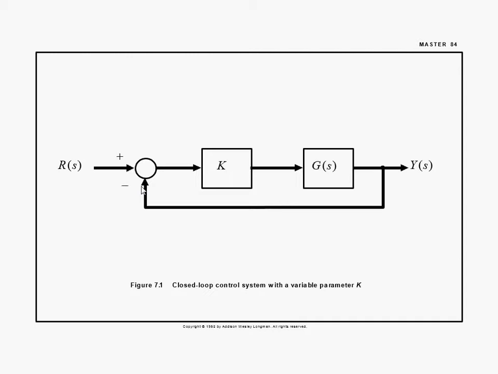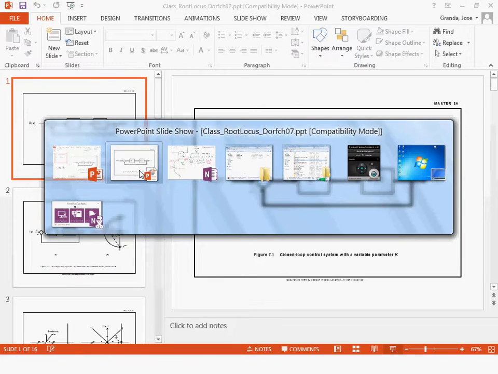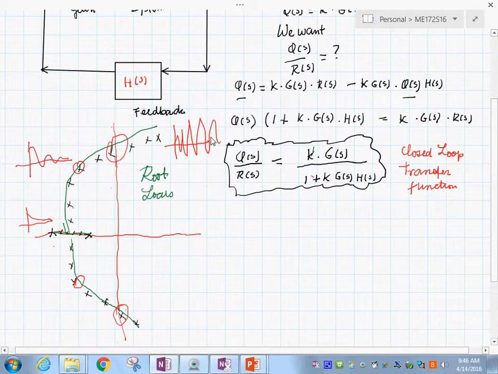So in the expression that we had a moment ago, let's go back for a second. What happens if h is equal to 1? Can we modify this in here?